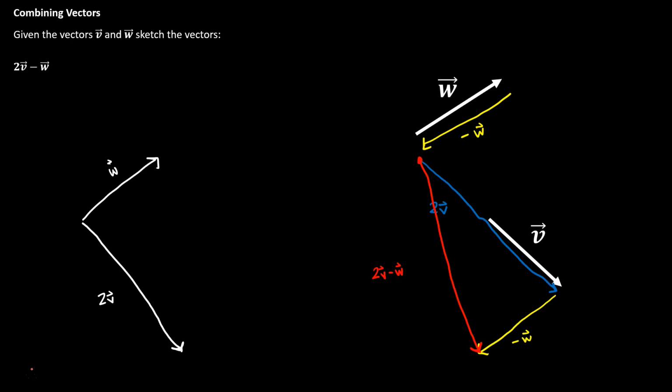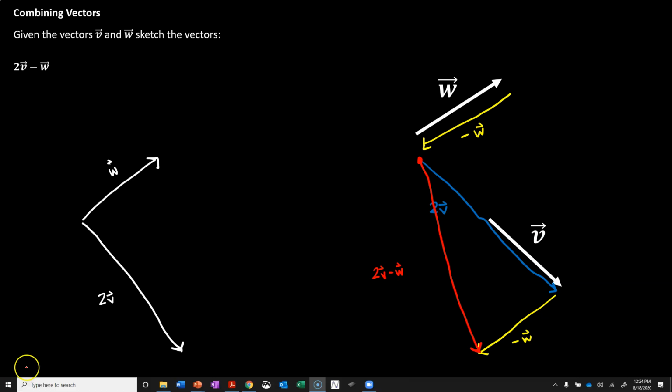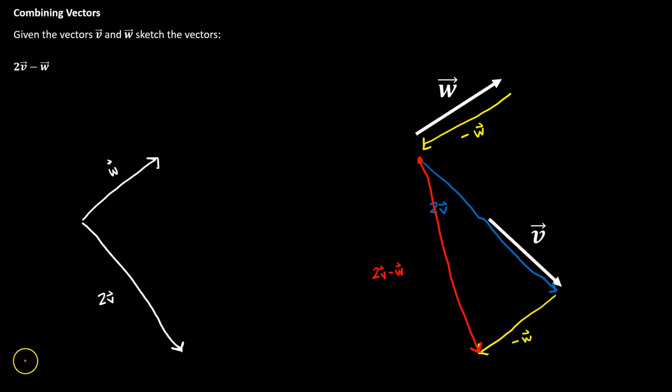And remember, I want it to point in the direction of the vector that I'm subtracting from. So 2v minus w means I need it to point towards the 2v. So I know that the tip of the 2v vector is my new terminal point, which means when I connect tip to tip, it should look this way.